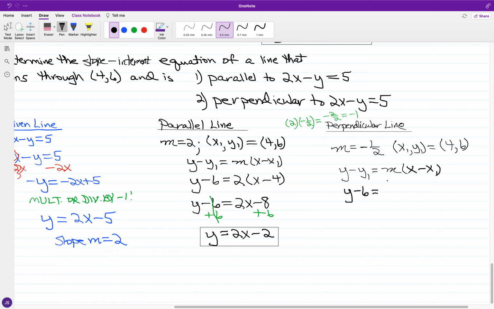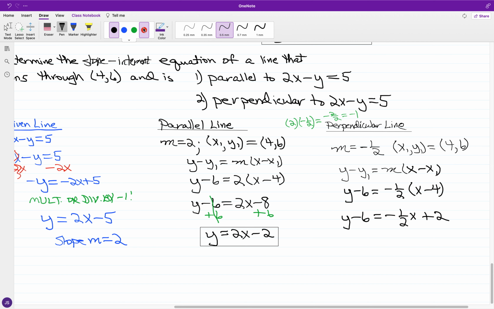So y minus 6, and for m, we have negative 1/2, times the quantity of x minus 4. And following through, distributing, we have negative 1/2 times x, and we have negative 1/2 times negative 4. Negative times a negative is going to be a positive, and here we have 4/2, and that reduces to 2.